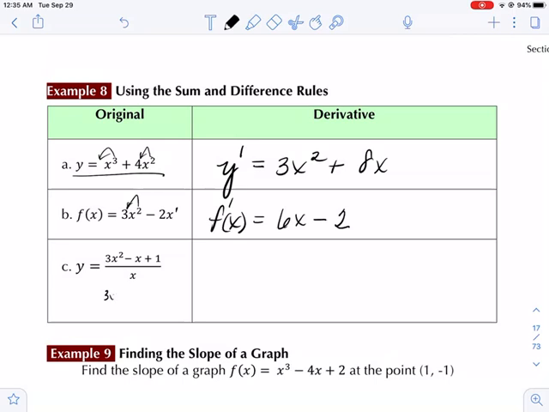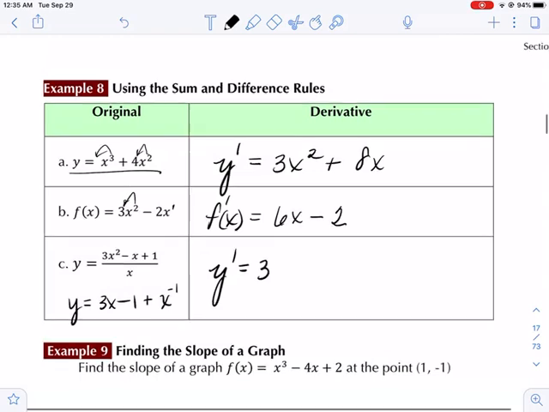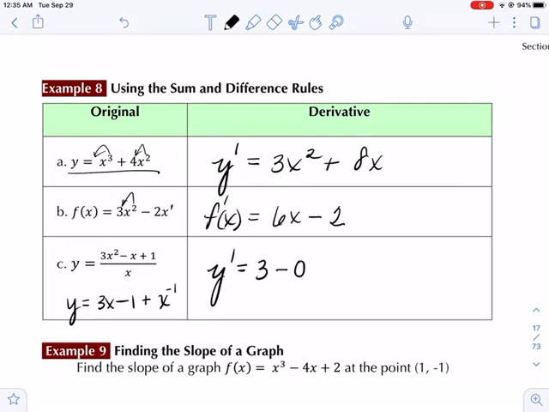We're going to say it's 3x squared over x if we divide this whole thing out. So we'll divide each term divided by a monomial. So we get y is equal to 3x minus 1 plus 1 over x, which is x to the negative first power. So then we have y prime is equal to 3, the derivative of 3x, minus 0, and then it's going to be minus 1x to the negative 2 power.